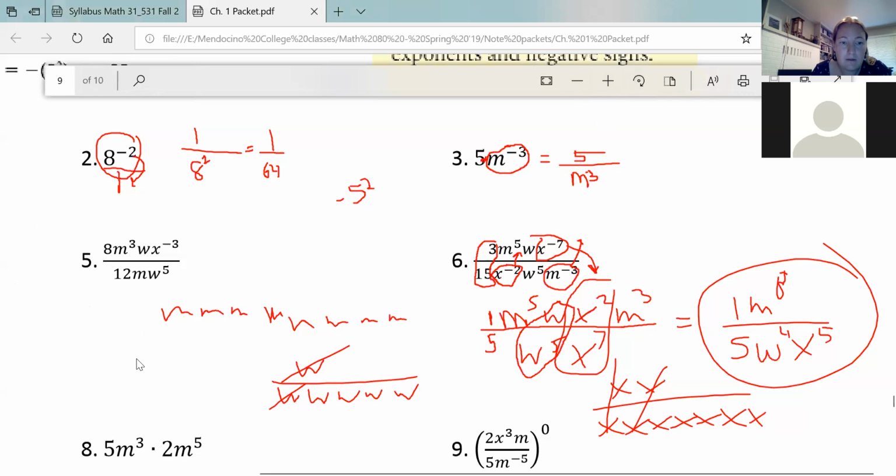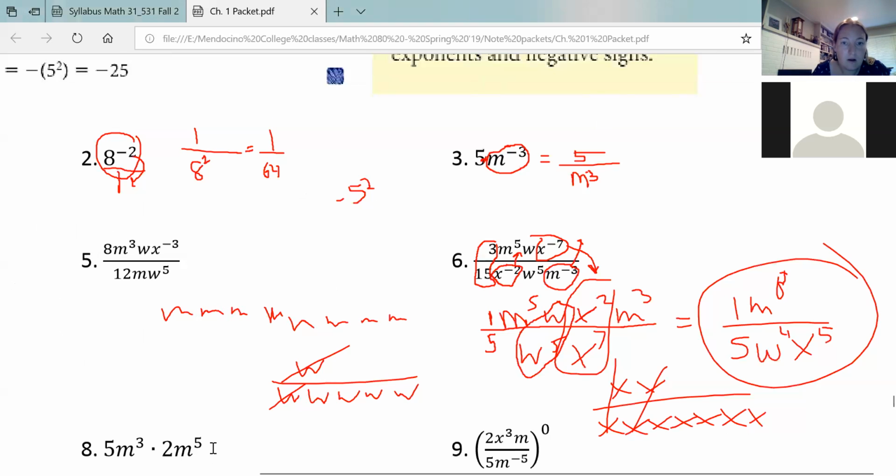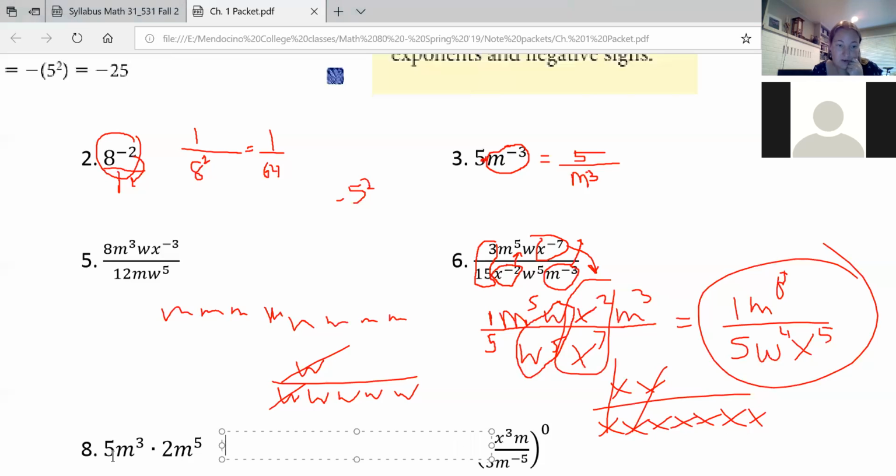All right. The 5m3 times 2m5, that we would do that one just like problem number 3. Those are positive. Yeah, so those are positive, so it's easier. Just 5 times 2. Oh, okay. 10. And then m to the third times m to the 5th.